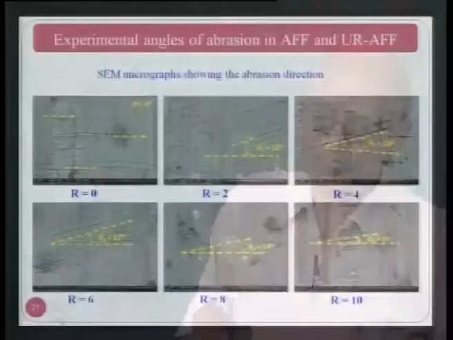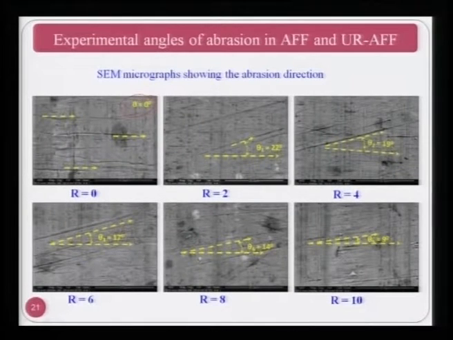Now, you can see here the material is being removed at 0 degree, and that means it is very close to, or really it is, the abrasive flow finishing process, while in the following figures theta 1 is 20 degree, in another case 19 degree, then 17 degree, 14 degree and 9 degree.